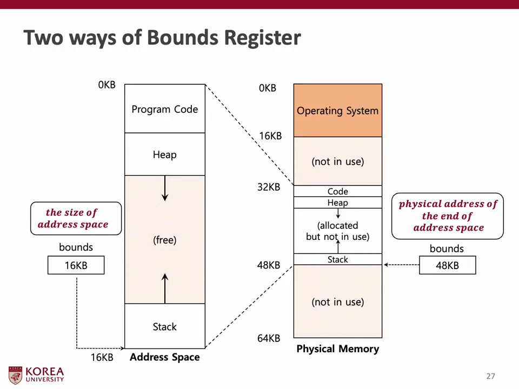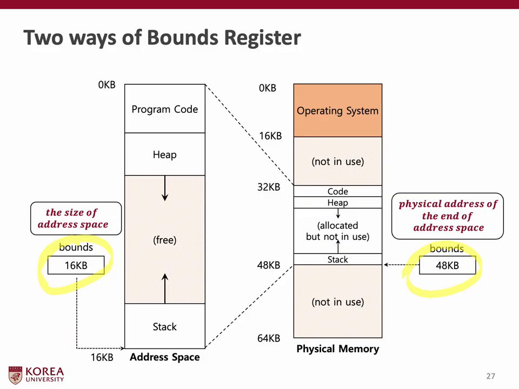And there are two common ways to define the bounds register. In the first way, the bounds value simply represents the size of the address space, like 16 kilobyte in this example. In the second way, the bounds register holds the physical address of the end of address space.